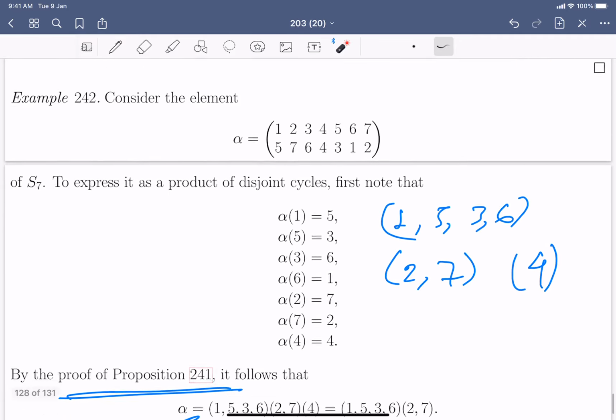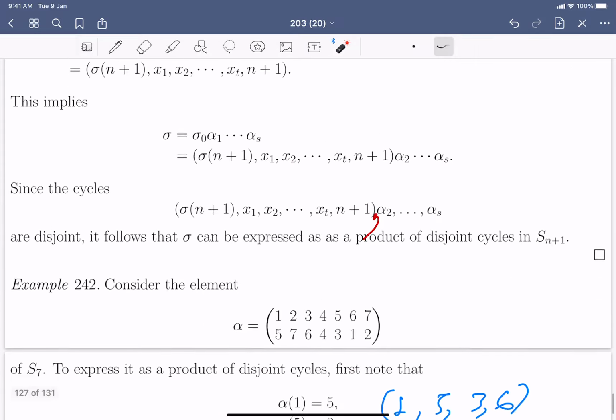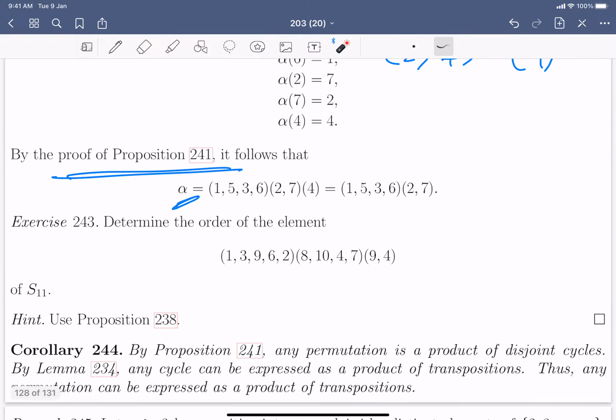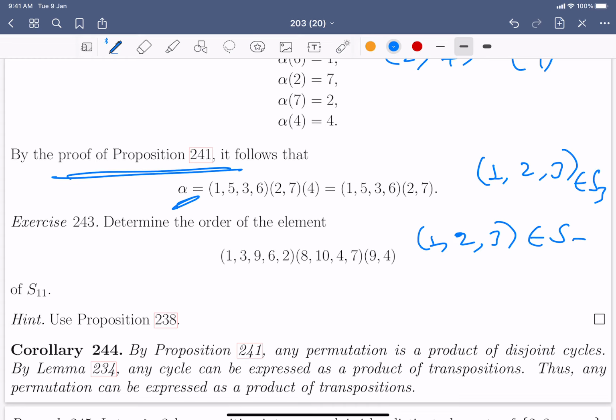Just as a small exercise, to familiarize ourselves better with the notions and results you have learned, we can try to compute the order of this element. As I stated long back as a caution, whenever we write down a cycle, we need to specify in which permutation group we are working. For instance, this cycle could very well denote an element of S3, or an element of S5, or an element of S100.